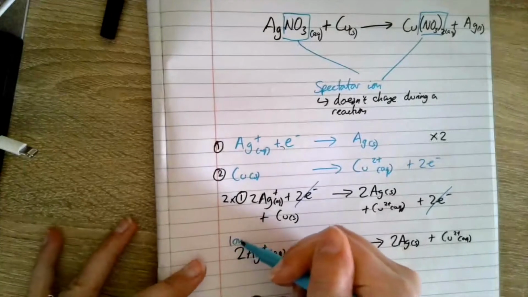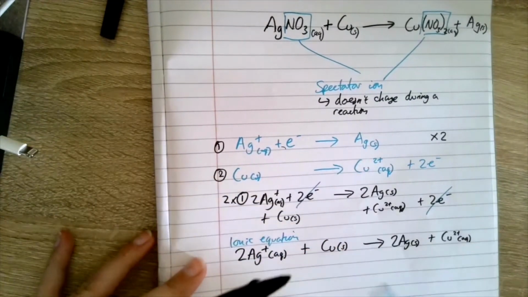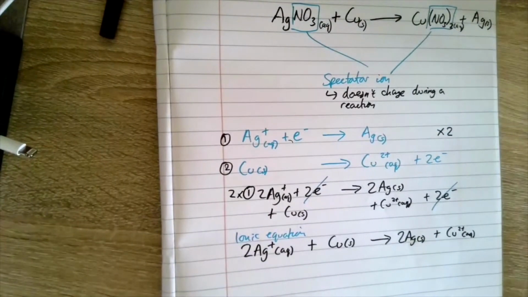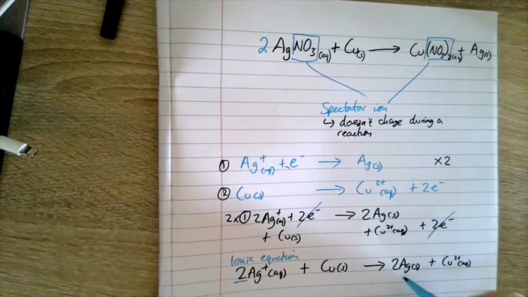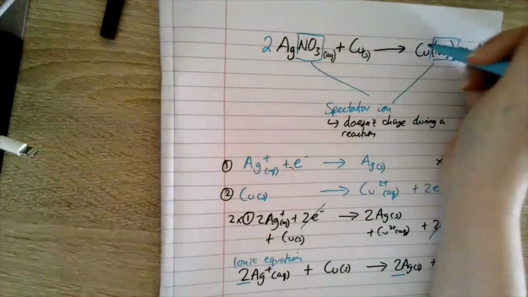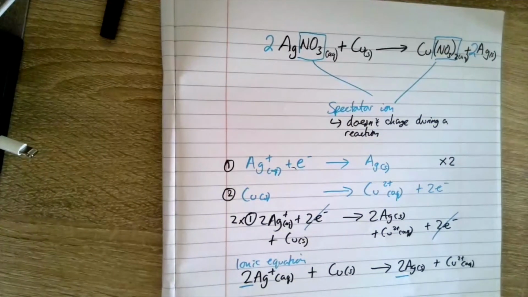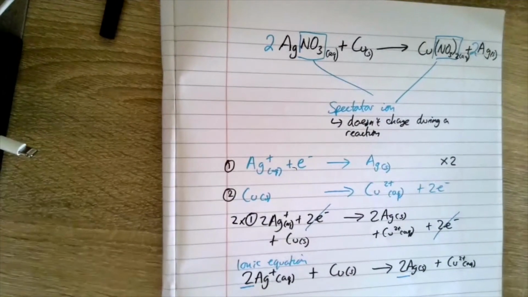And in order to then balance that original equation, we then just need to match up our stoichiometric coefficients. So 2 here means 2 there, and 2 here means 2 there. And now you should be able to see that our numbers of atoms on each side are the same.